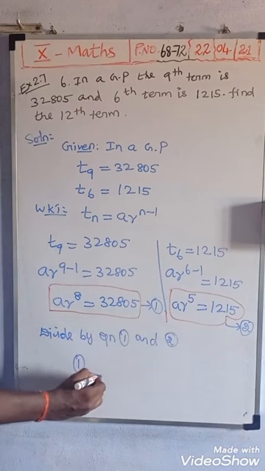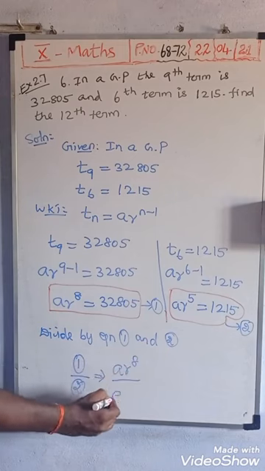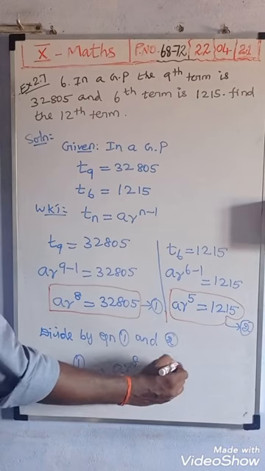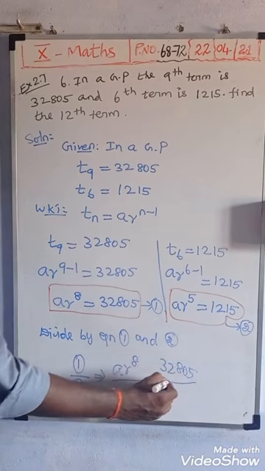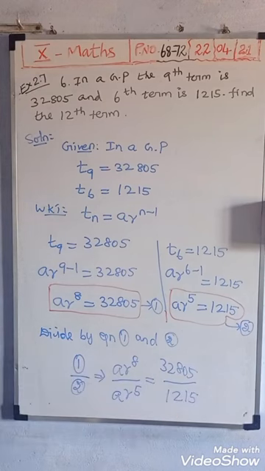So you are dividing a r power 8 divided by a r power 5 is equal to 32,805 by 1,215. Okay, so like that we want to divide.